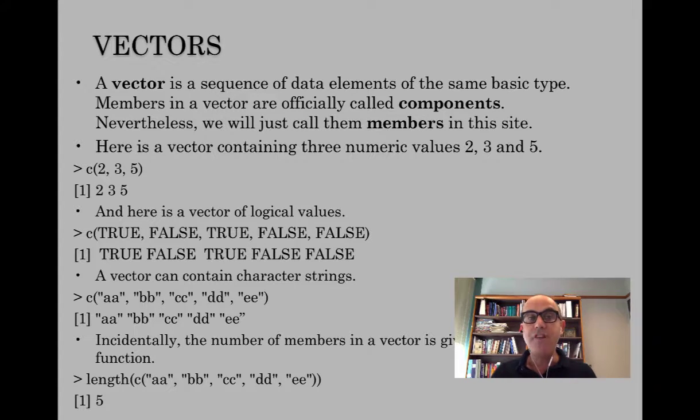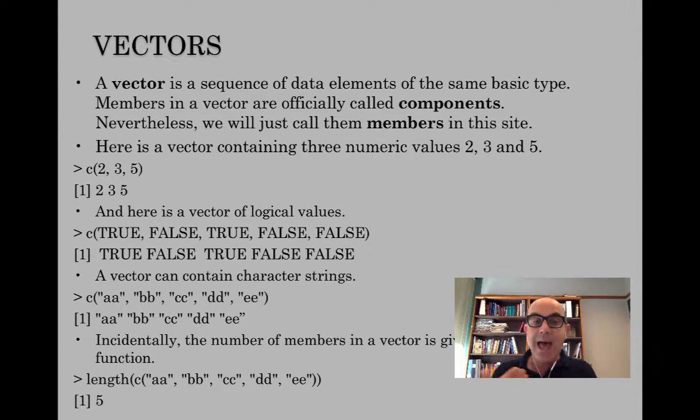Another component of R is the vector. A vector is a sequence of data elements of the same basic type. Members in a vector are officially called components, whereas in this class or in this book we call them members. Here is a vector containing the numerical values 2, 3, and 5.